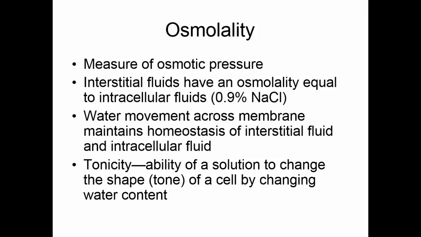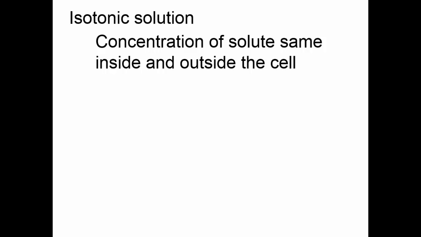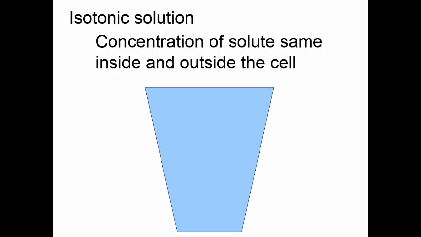There are 3 types of tonicities: isotonic, hypotonic, and hypertonic. In an isotonic solution, the concentration of the solute is the same inside and outside of the cell. Since we said the tonicity of intracellular and extracellular fluid was about 0.9% sodium chloride, let's put that in a beaker, and then we will drop a cell in, and the cell has that osmolality of 0.9% sodium chloride.